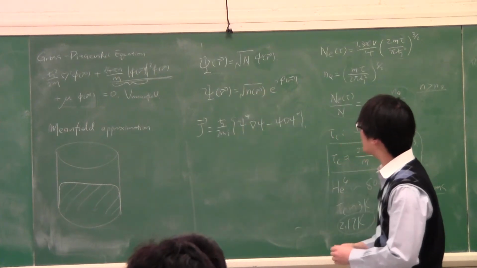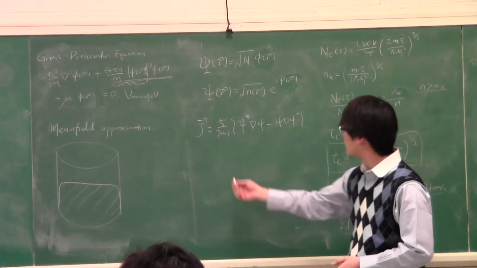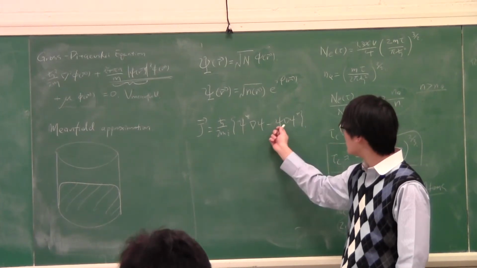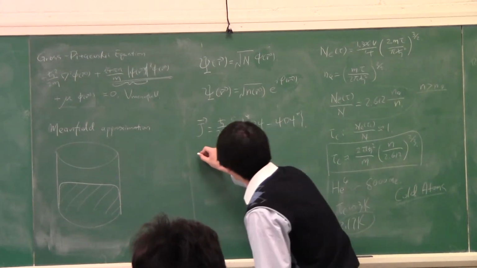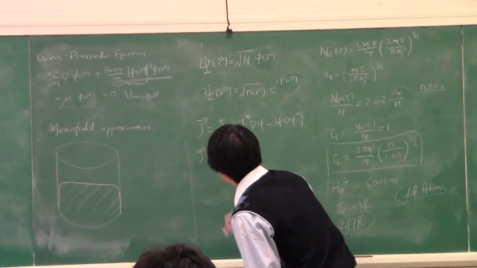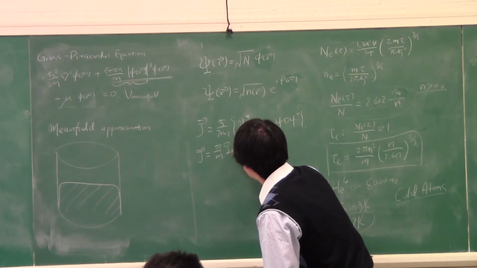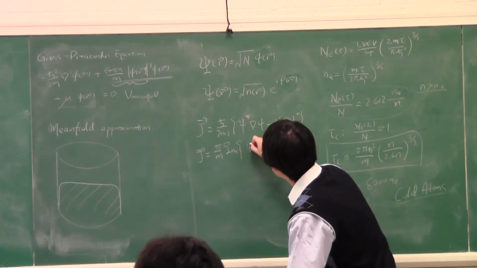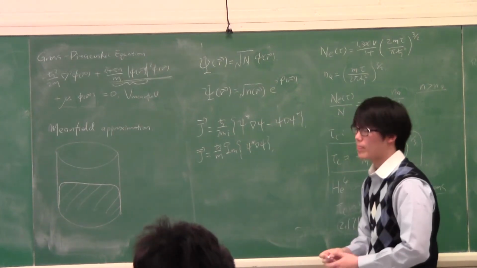If I plug in the wave function here, first of all, you have 2i here, and this is the complex conjugate of this. So we just write this as h bar over m times the imaginary part of psi conjugate gradient psi.